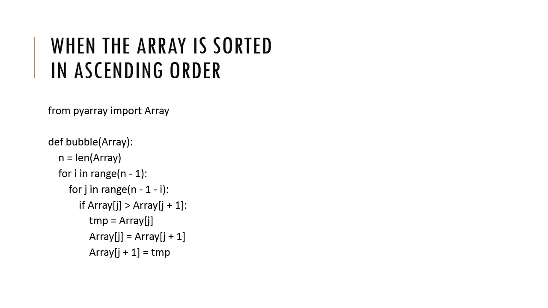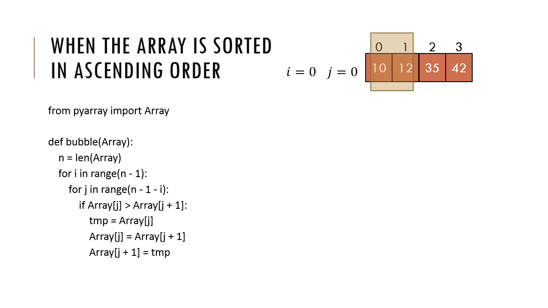Let us see how bubble sort occurs when our array is already sorted in ascending order. Consider this example. You can see that the array is already sorted. Let us begin the first pass for i equal to 0. j equals 0. We compare 10 and 12.